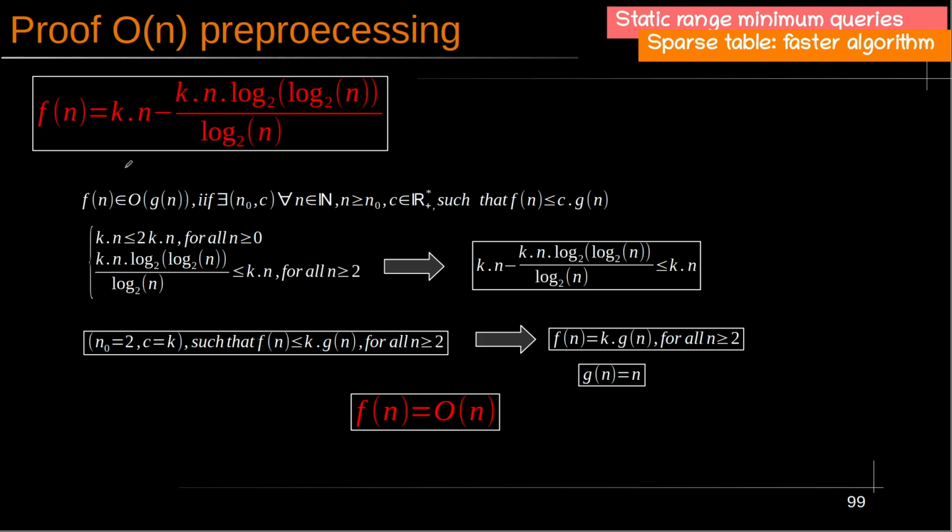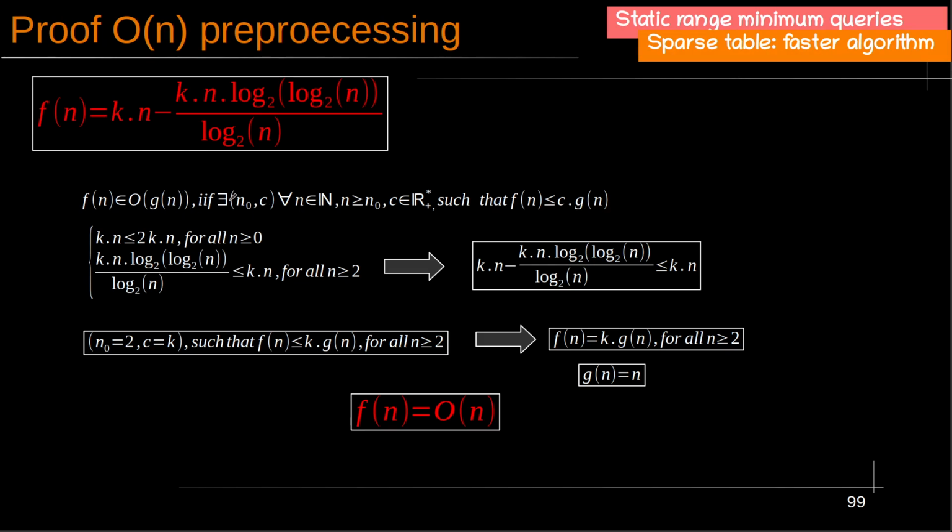Same here. We're going to try to find jn such that fn is less than or equal to c times jn.